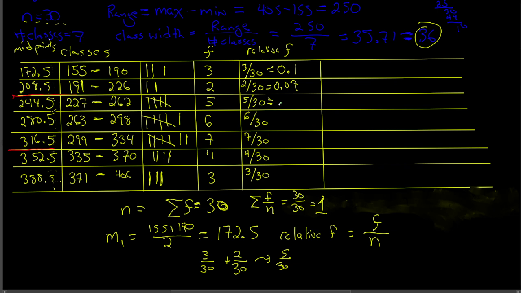This is 0.16 repeating, so we'll round that up to 0.17. This is 0.2. This is 0.233 repeating, so we'll round that down to 0.23. This is 0.13 repeating, so we'll round that down to 0.13, and that's 0.1.